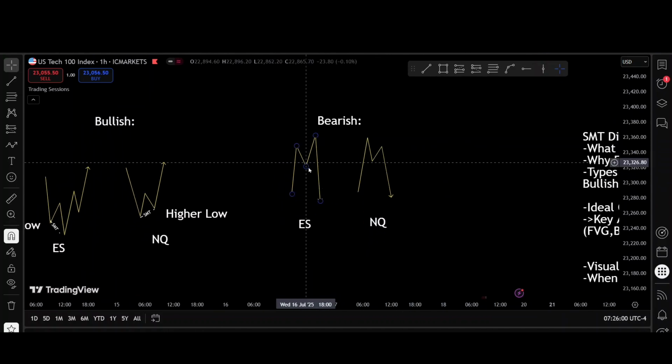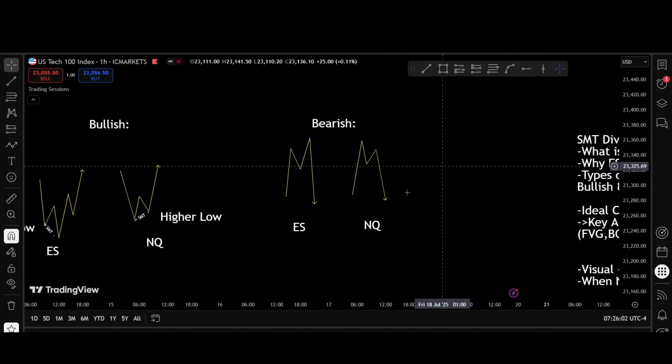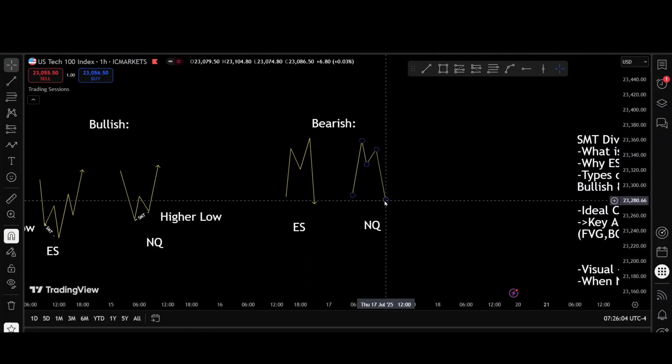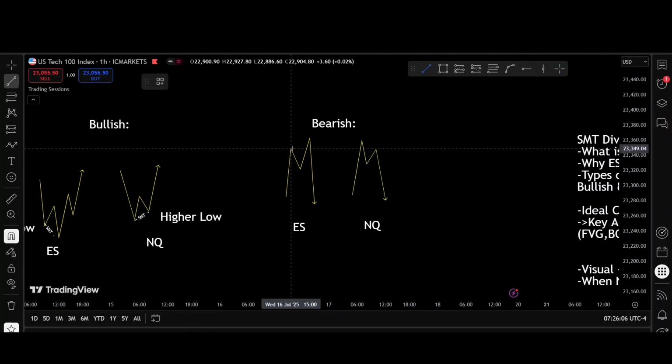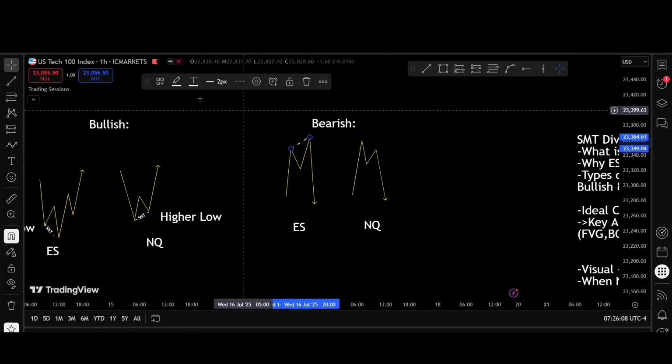Alright, ES made a higher high, while NQ makes a lower high. So, mark this out, this is your SMT.